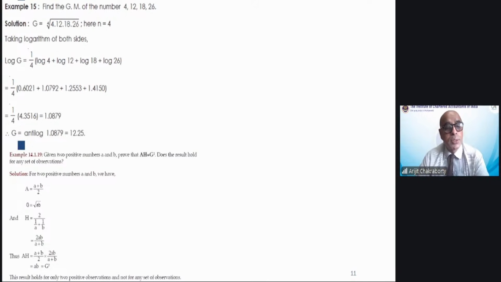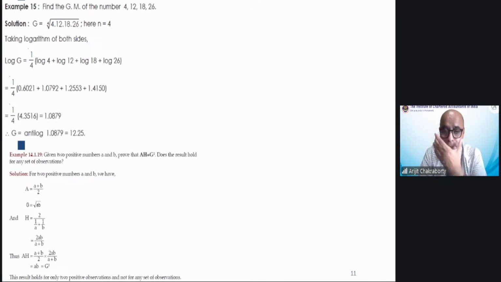Another interesting question, given in example 14.1.19 of the study material, says that given two positive numbers A and B, you have to prove that G square equals AH. Exactly what I was discussing in the last slide. And then the question asks you, does the result hold for any set of observations?